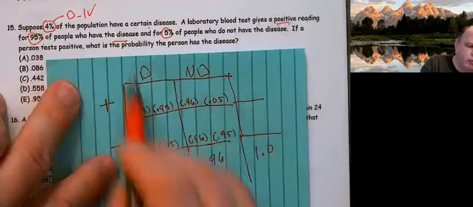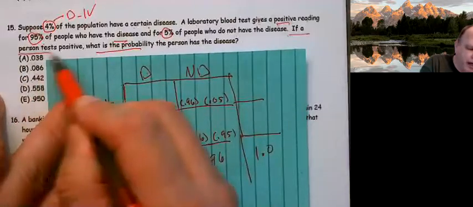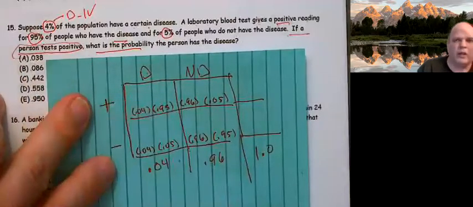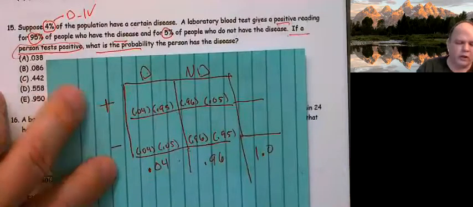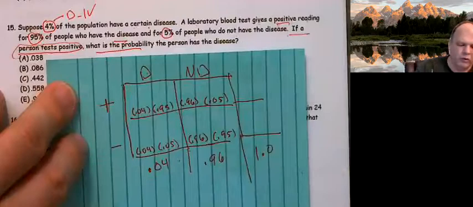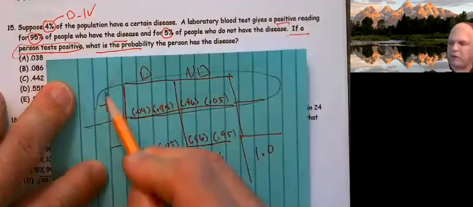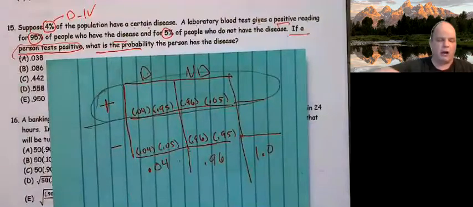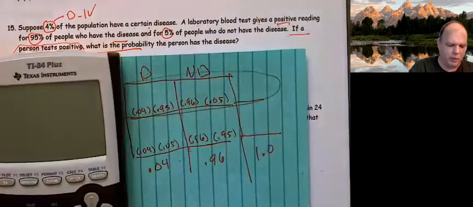And the question is, what is the probability if a person tests positive? So in this case, I'm concerned about the positive group. So I know I have to worry about this part right here. So I'm going to go ahead and finish calculating that out and use the calculator to do so. So I end up with 0.04 times the 0.95.